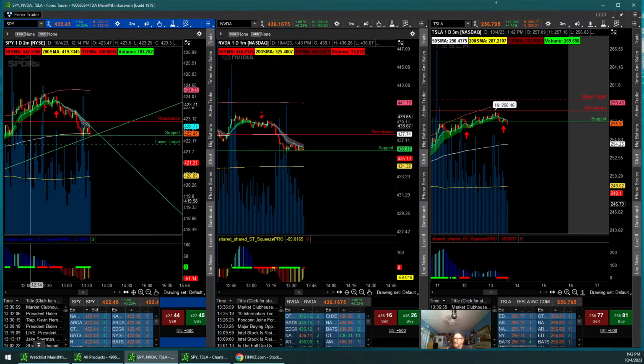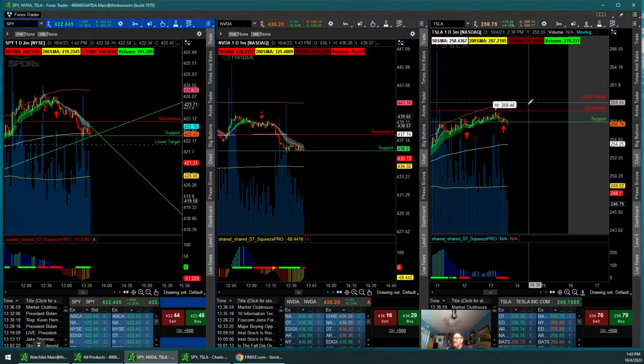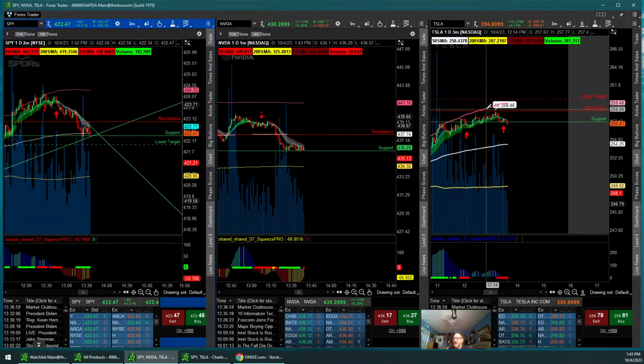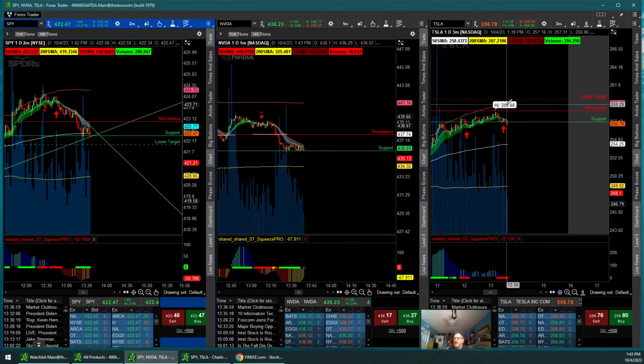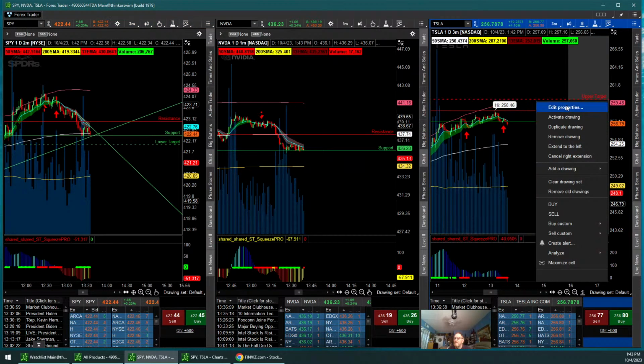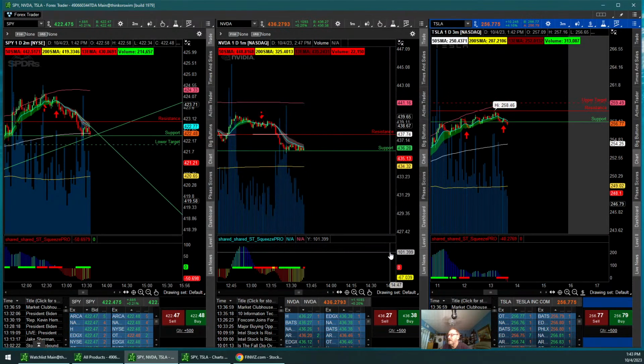But look at Tesla. Even Tesla's falling back. I got an upper target, but that's even going to get lower because I got to go by this. And now that tells me 258. Right there. So we're talking 259.50. This has come down a little bit. No longer are we looking at that 260 mark.